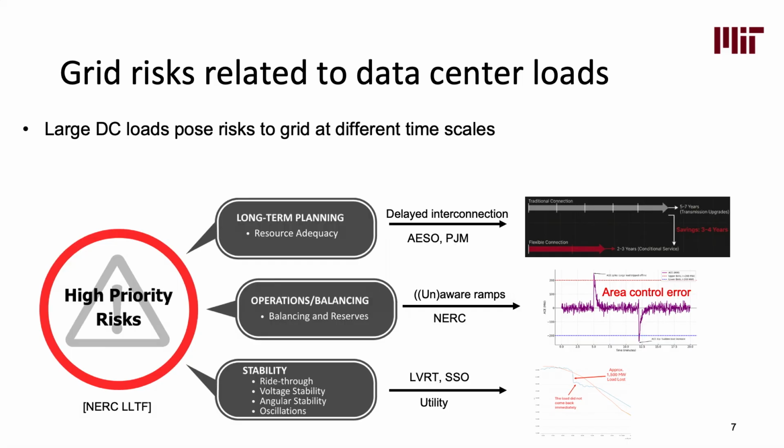A simple example: I'm requesting 100 megawatts of capacity, but if I can guarantee that 95% of the time it's below 80 megawatts, I can probably cut the interconnection queue by 3-4 years. So I only need to wait 2 or 3 years, which is a feasible solution for most cases, because you also need 2 or 3 years to build the data center warehouse, purchase all the equipment, install it, and make the service online.